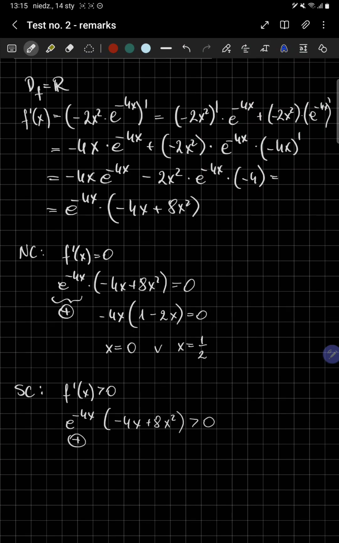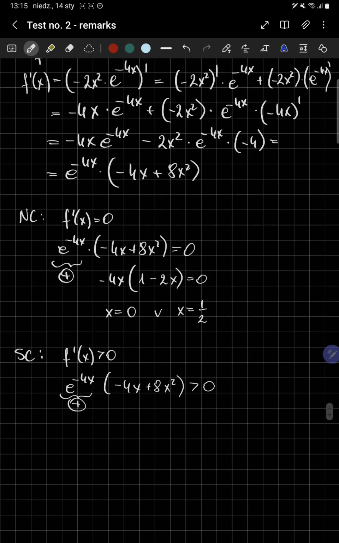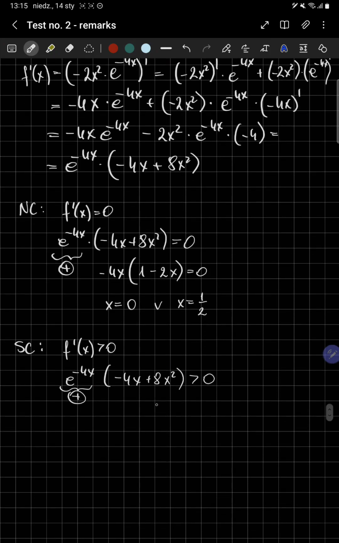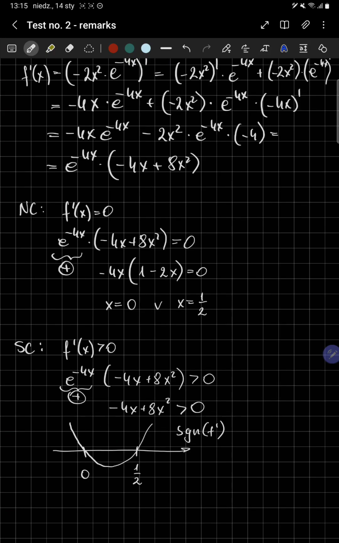This expression, as we noticed, is positive, so for the whole expression to be positive, we need to have minus 4x plus 8x squared positive. We already know the 0 points, 0 and 1 over 2. We see that the parabola opens upward.